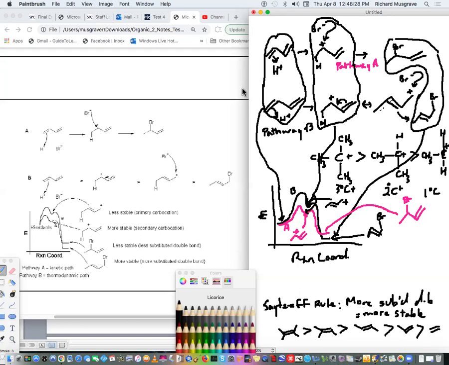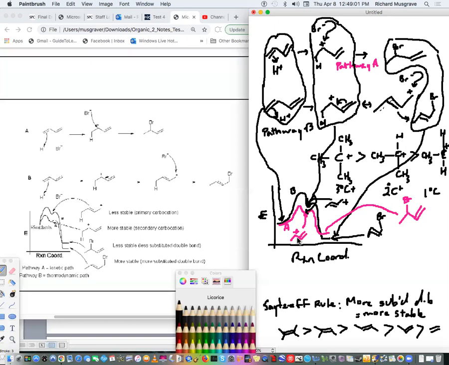Just the products. How do you feel about the stability of the products? Okay. 5, 4, 3, 2, 1. People feel better about that than they do about the carbocations.